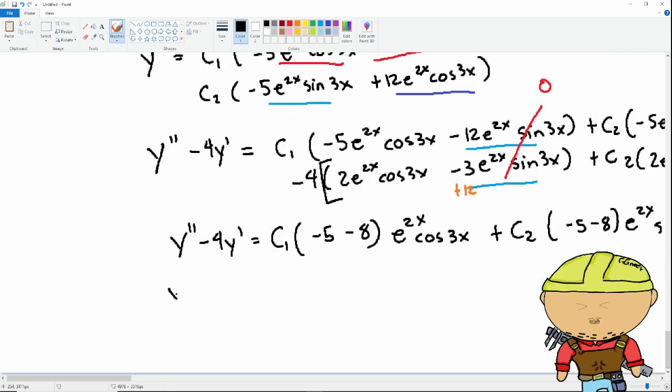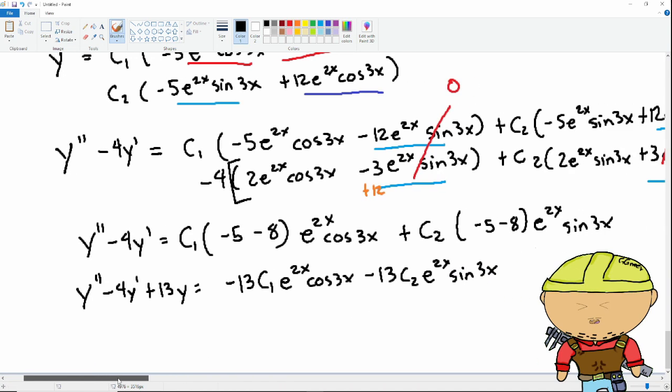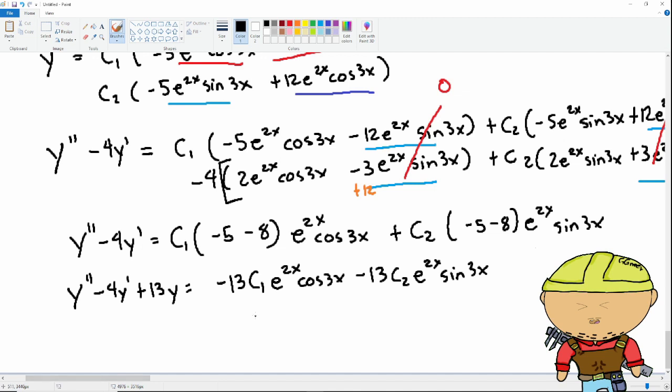So y double prime minus 4y prime plus 13y is equal to negative 13 C1 e to the 2x cosine 3x minus 13 C2 e to the 2x sine 3x. Moving those terms over, that's y double prime minus 4y prime plus 13y plus 13 C1 e to the 2x cosine 3x plus 13 C2 e to the 2x sine 3x.